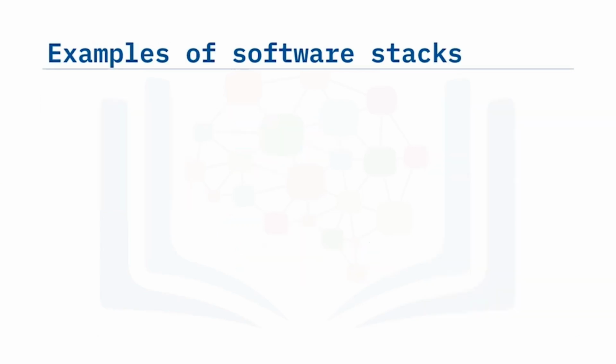There are many different examples of software stacks. The Python Django stack uses the popular Python programming language alongside the Django web framework. This combination is all open source and commonly used for large-scale, fast-changing web applications. The Ruby on Rails stack uses the Ruby programming language with a server-side web application framework.